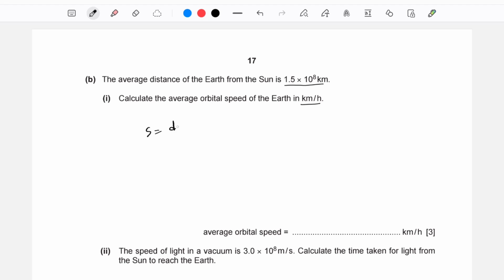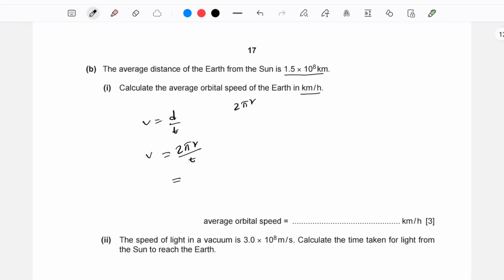Speed is equal to distance over time, where the distance is the circumference, which is 2 pi r. So we have to substitute it here, which gives us 2 pi r divided by the time. We know that it takes 365 days for the Earth to orbit around the Sun. So we can use that 2 times pi times 1.5 times 10 to the power 8.